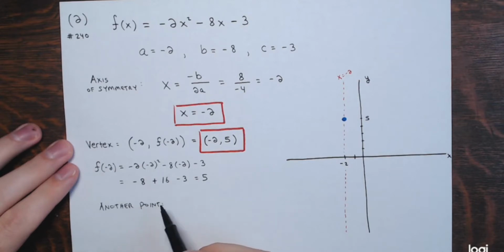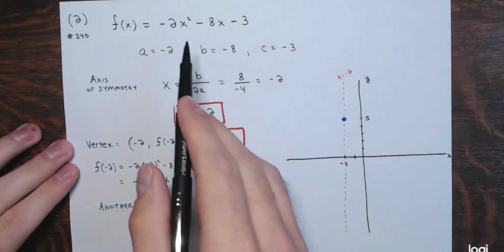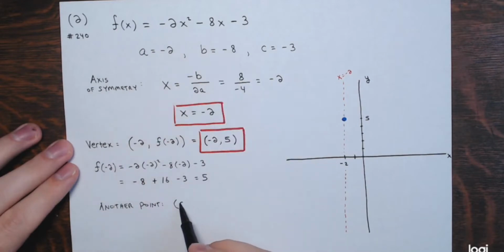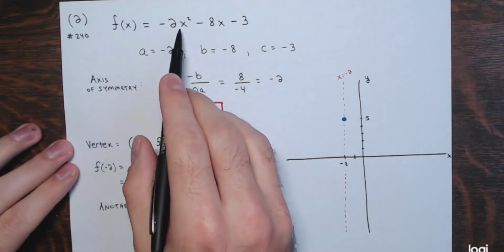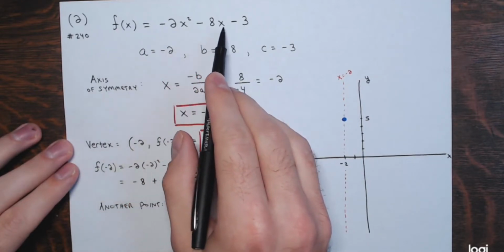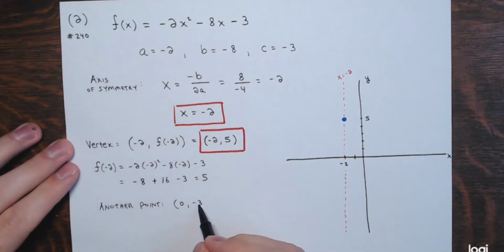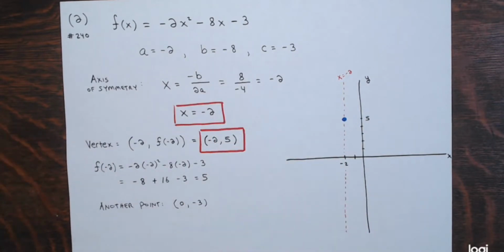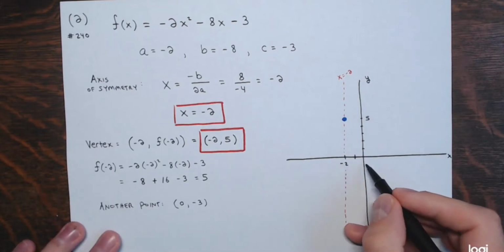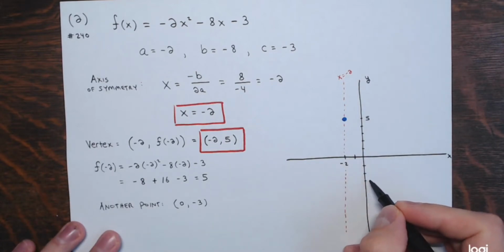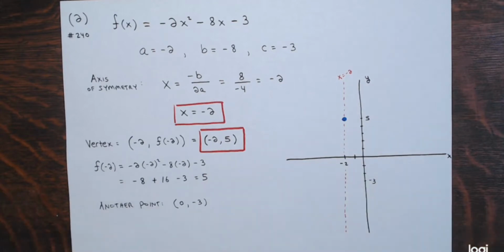An easy one again here would be just plug in 0. 0 for x, and if I plug in 0 for x, you'd get -3 for the y, for the output. So 0, -3. So 0 input, -3 output, and I plot that point.